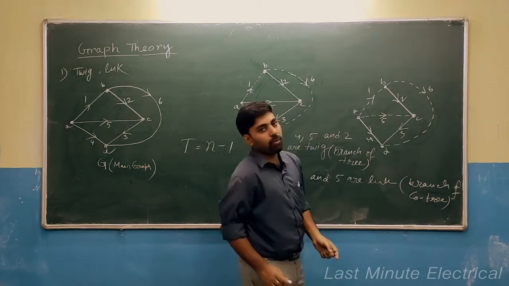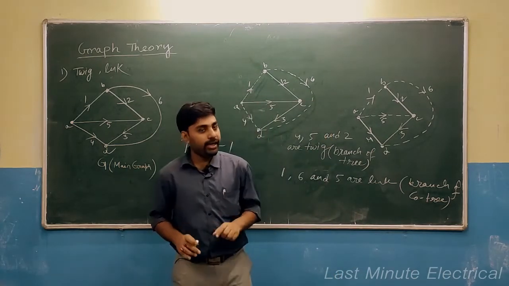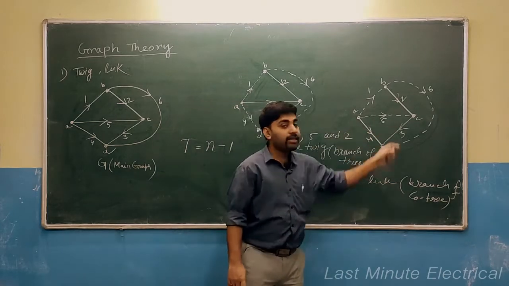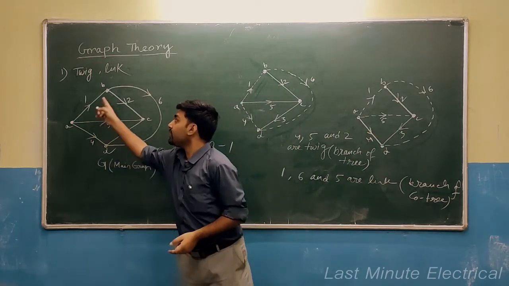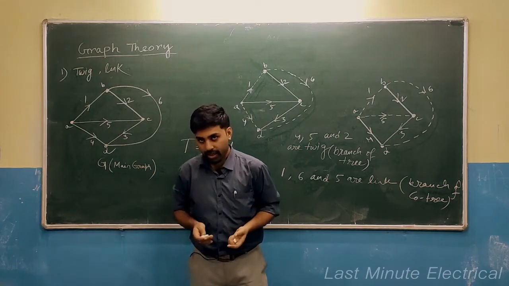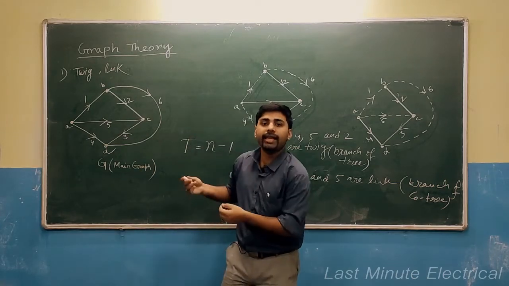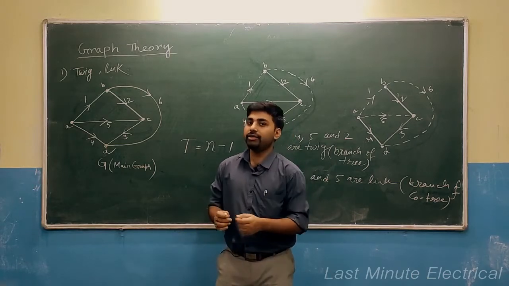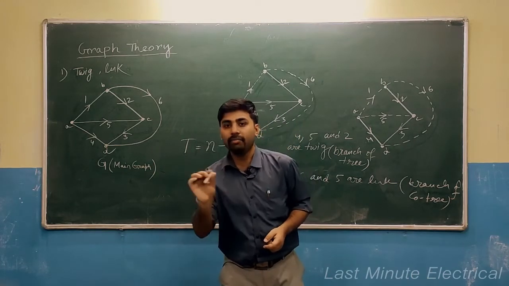One thing I have already made clear, that the number of nodes present in the tree and in the graph are equal. Okay. Now, if you are given any graph and asked the number of twigs in a tree, your answer will be n minus 1.